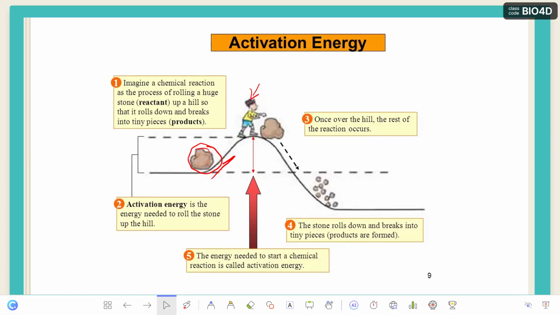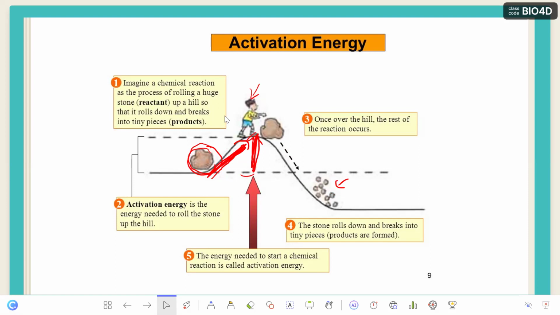The rock has to overcome this challenge in order for it to roll over, until it becomes small rocks. So again, what is activation energy? It is the energy for you to push the rock up to this mountain peak.